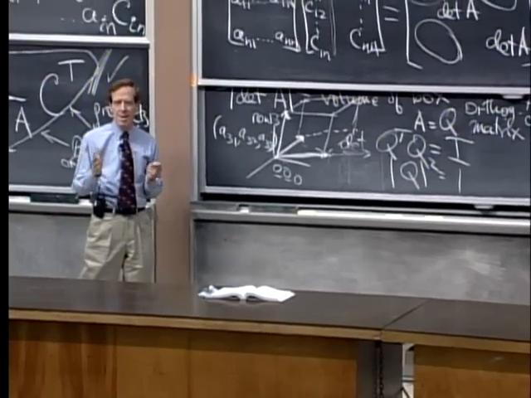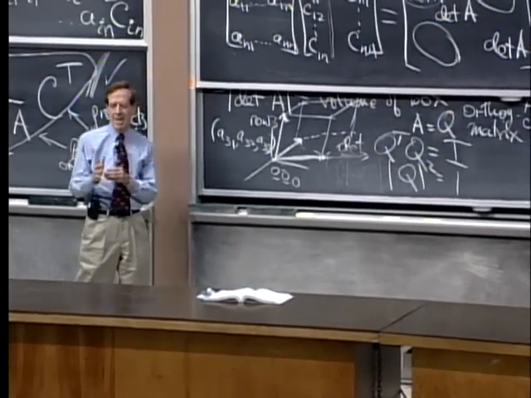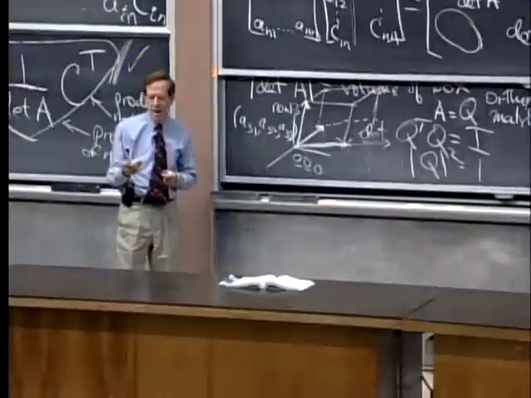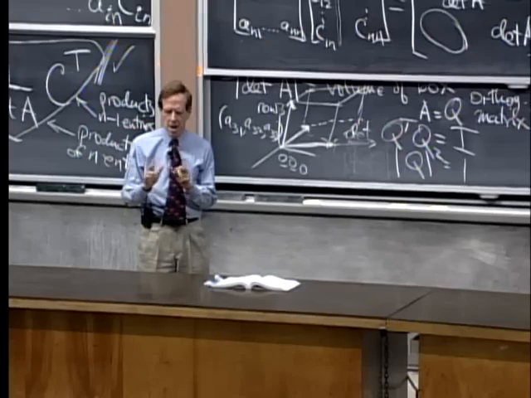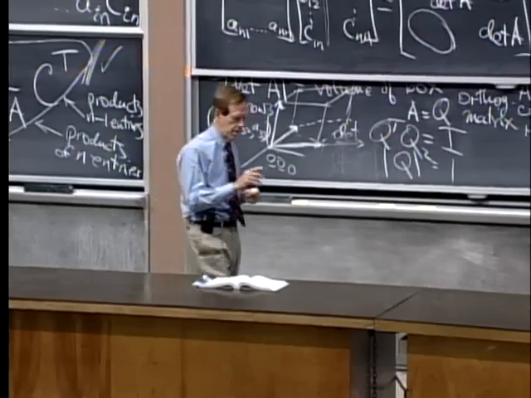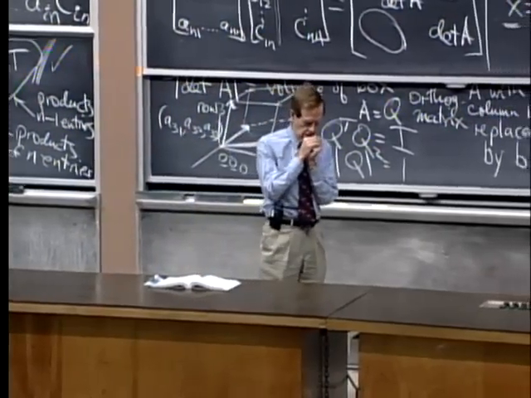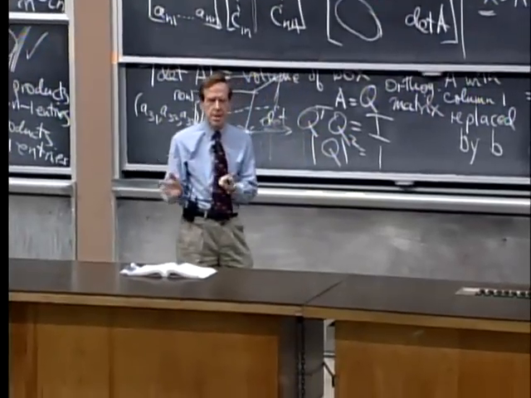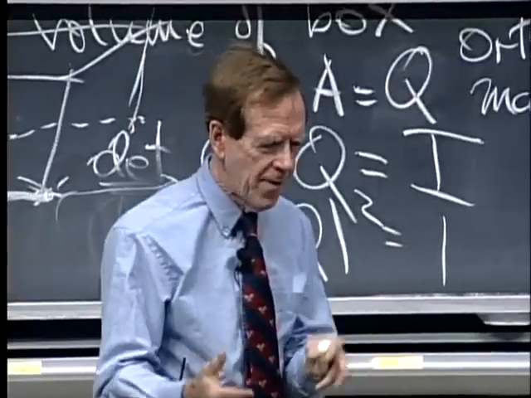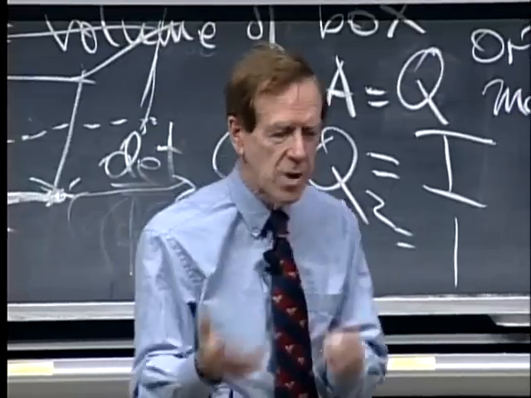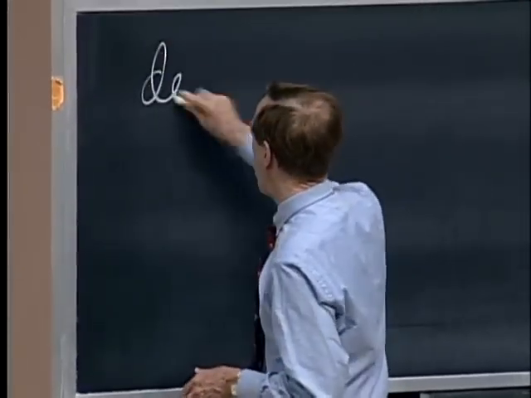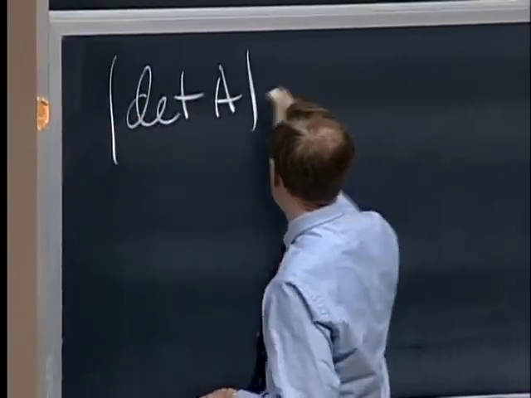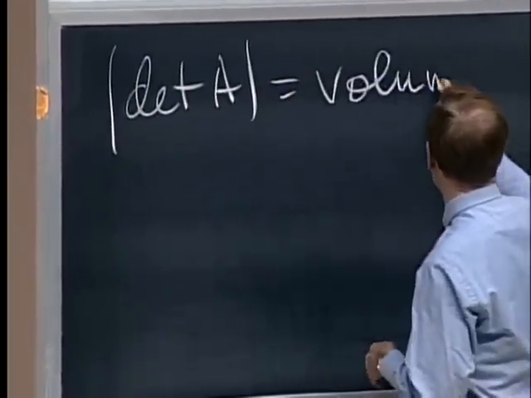And now I'm close, but to get to the very end of this proof, I have to get away from right angles. I have to allow the possibility of other angles, which is saying the same thing as checking that the volume also satisfies 3b. So this is the end of the proof. I want the determinant of A equals the volume of the box.